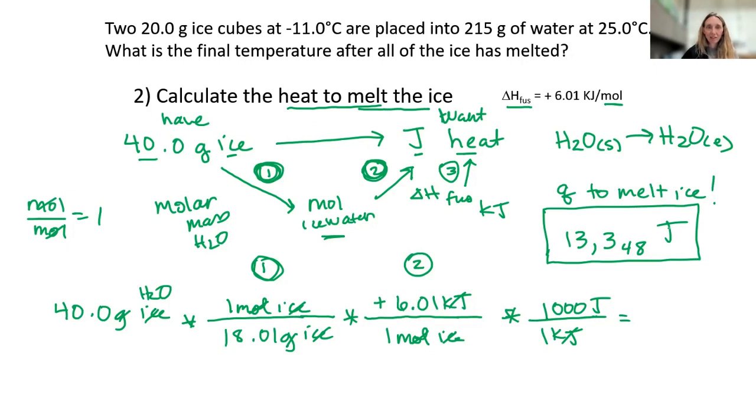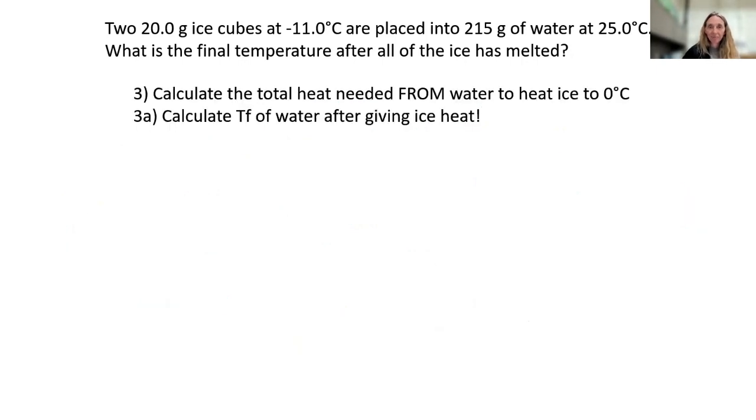Okay, so far so good. So we have step 1 and step 2. Our next step is we need to calculate the total heat that's needed from the water, right? The water is going to give heat to the ice. So we need to calculate that total heat needed to get the ice from negative 11 degrees to 0 degrees. Okay, so I'm going to put that as step number 3.